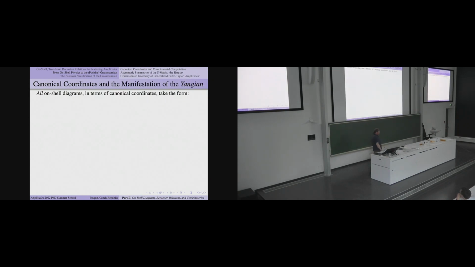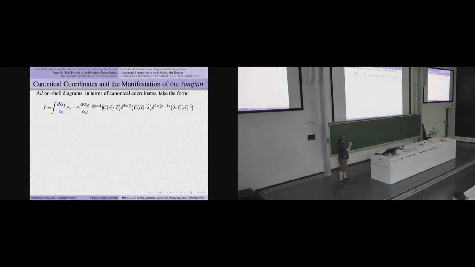So this is a proof that all on-shell diagrams in planar N=4, at least, take this form. They have some differential form that can be constructed this way. I can give you the permutation, and now you know how to construct this matrix representative. And this is the formula.